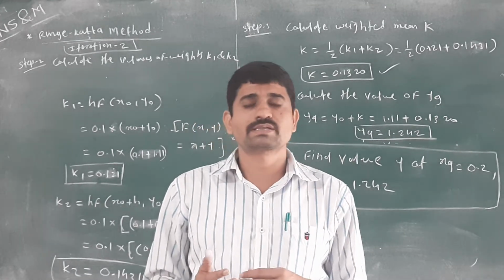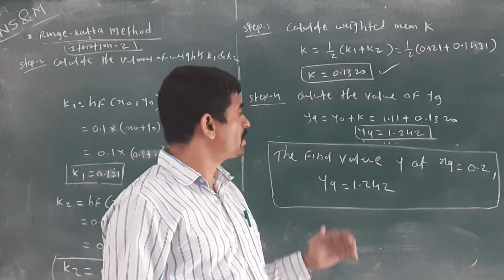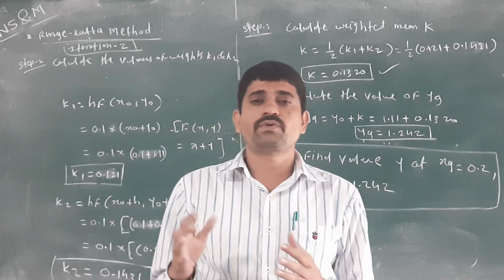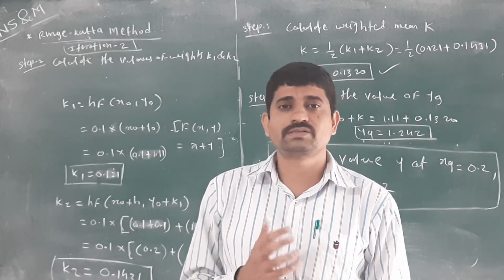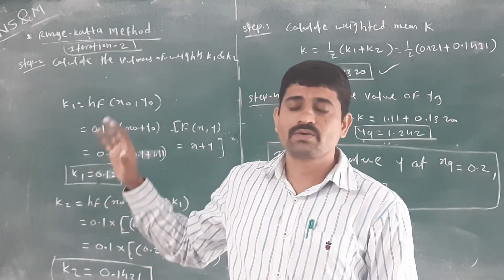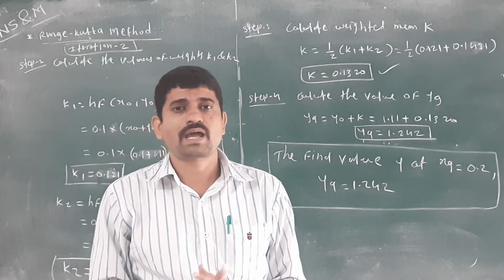We have the xg value 0.2, and you get a new yg value. You take that as y0 and the xg value as x0, and again use the same procedure and find the final answer.